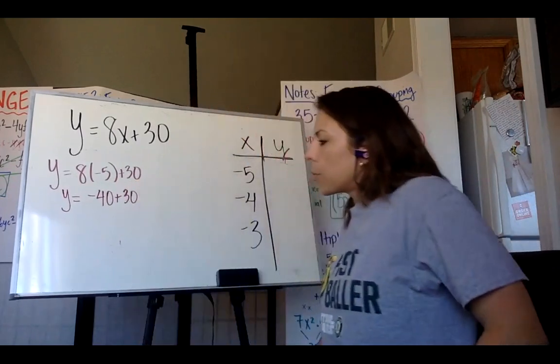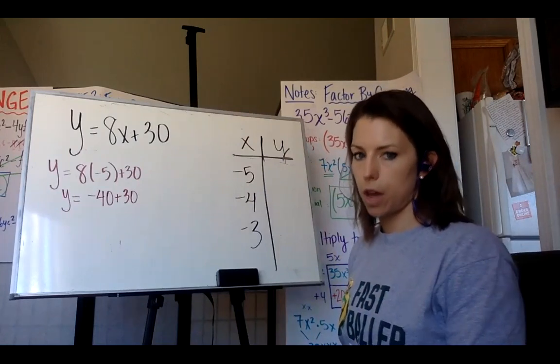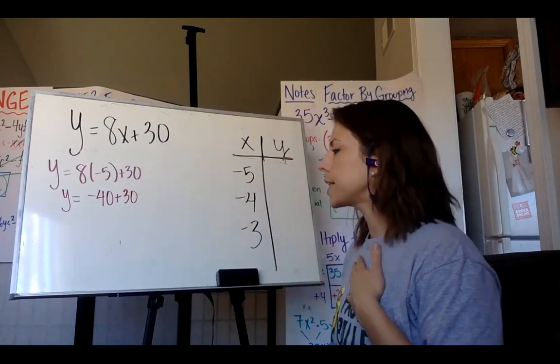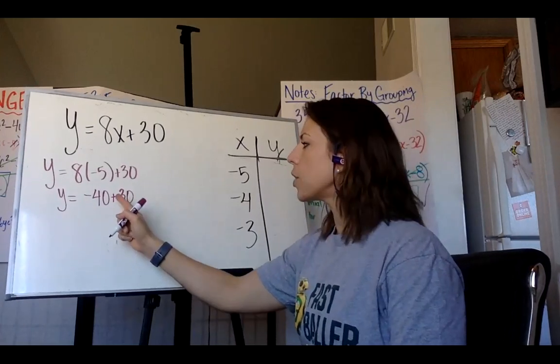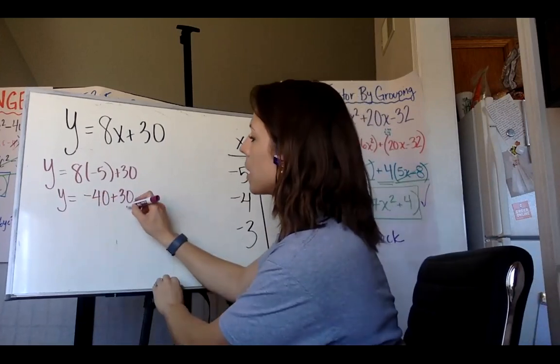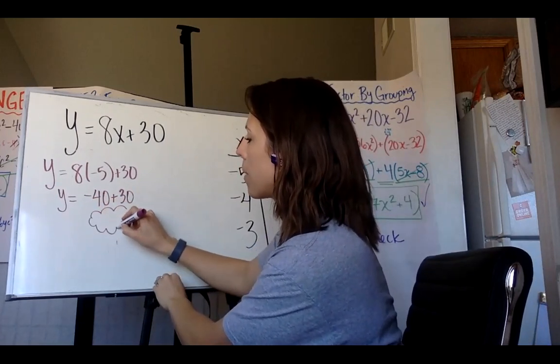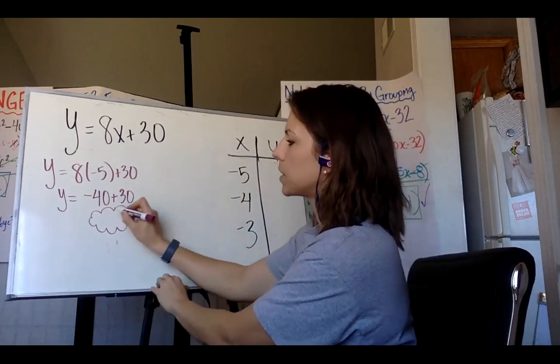Now, some of us struggle with this. What I have found that helps, and this is something that you can either use or not use, is I like to change the way this looks. I know that adding a negative is equivalent to subtracting. So in my head, which is why I'm going to do a little bubble here, I don't think of it as negative 40 plus 30.